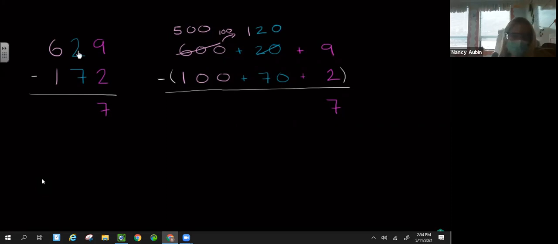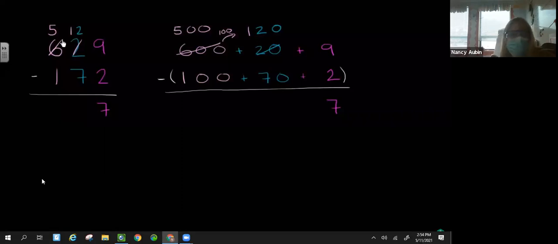So how would we do that right over here? Well, if we take 100 from the hundreds place, this 600 becomes a 500, and we give that 100 to the tens place, it's going to be 10 hundreds. So this will now become a 12. But notice this 12 in the tens place represents 12 tens, or 120.